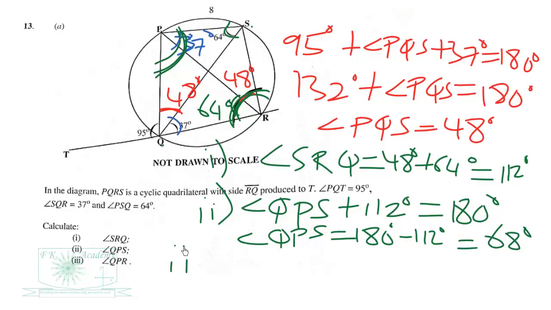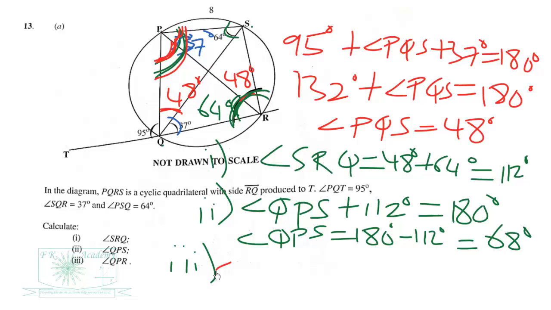And finally, angle QPR, the angle here, will be equal to, we can find that angle using triangle PQR, or we can subtract 37 degrees from the 68 degrees angle here.